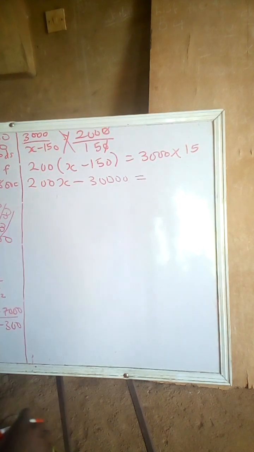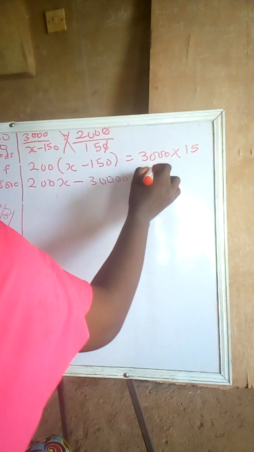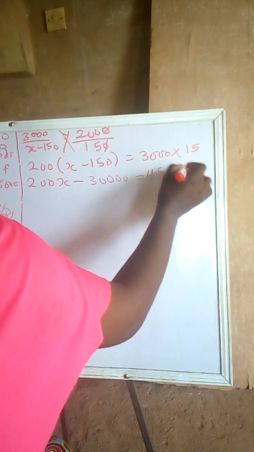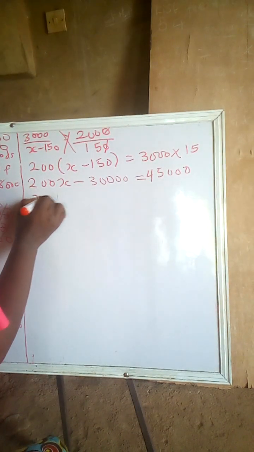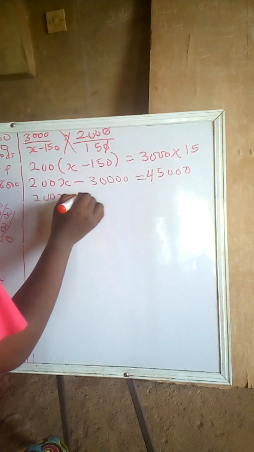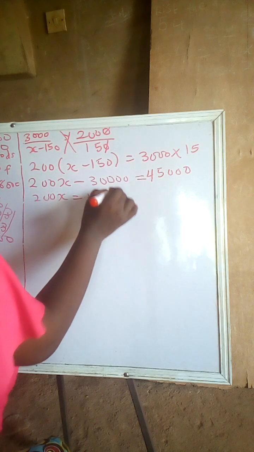Equals 3 times 15, that's 45,000. So 200X minus 30,000 equals 45,000.